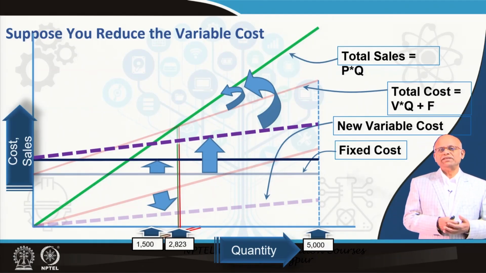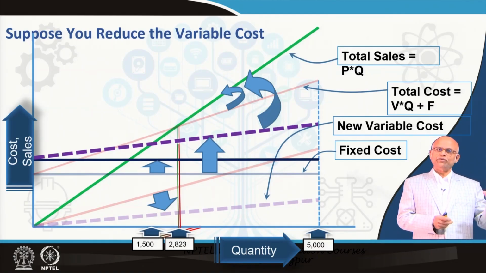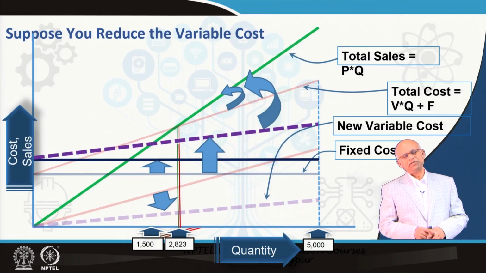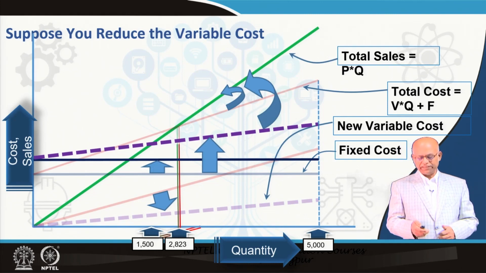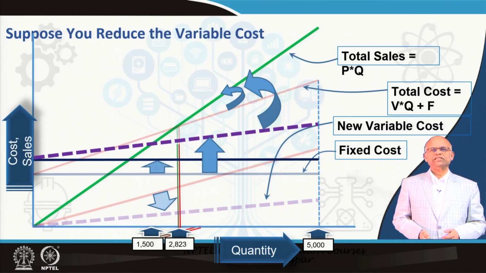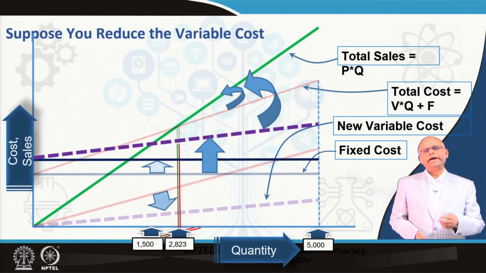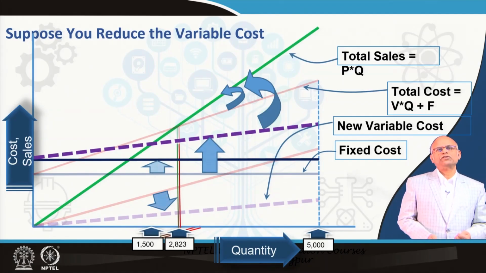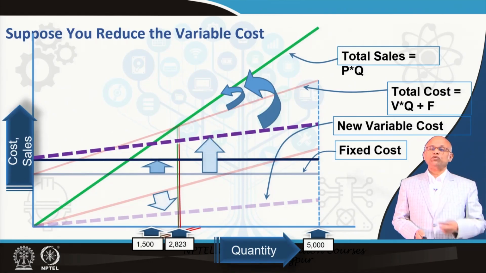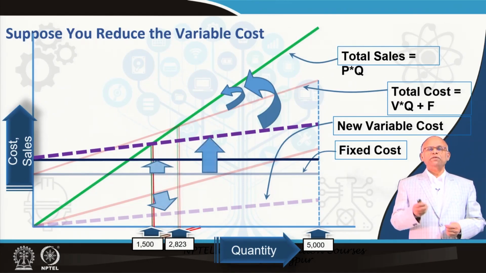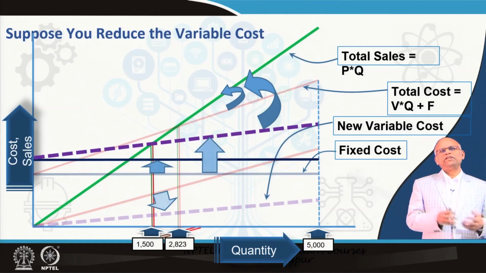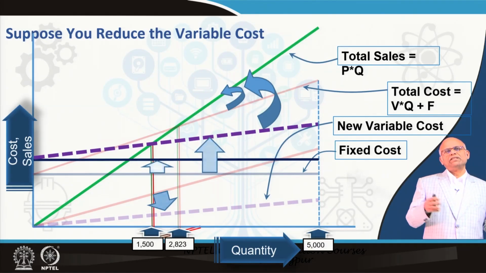So, with some data at your disposal, you can decide whether automation is better or you should settle with a labor intensive context. Here are the two lines, one is the new variable cost line, the other is the new fixed cost line, and this is the total cost line, and break even point is shown to come down, but it may or may not, it depends on the values.